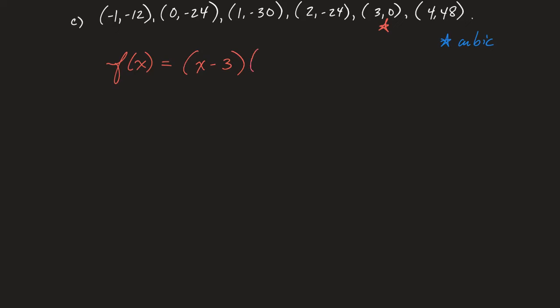So I'm going to use the most generic second degree factor. I'm going to use my quadratic. There is my function. And now my eyes should go to my y-intercept, because if I sub in 0, then I know my function has a value of negative 24.